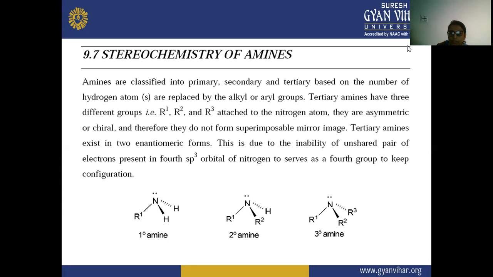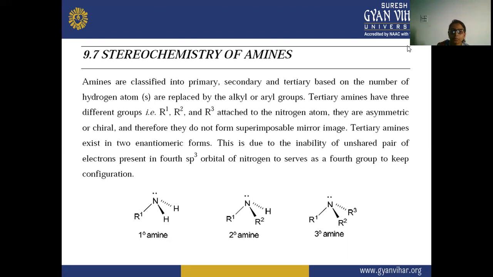So the tertiary amines have three different groups, R1, R2, and R3, attached to the nitrogen atom, because three hydrogens have been replaced by three different alkyl groups.